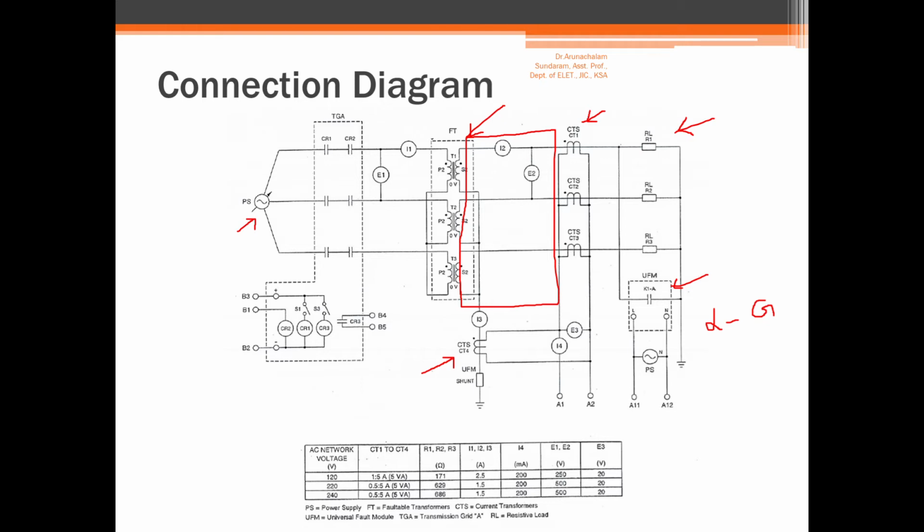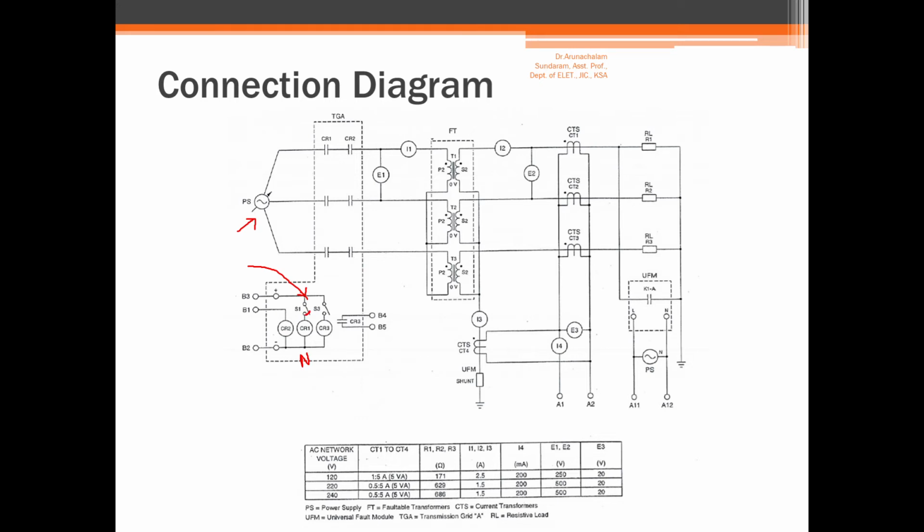So having said that, let me explain further. Let me remove these indications so that it is clear for you. So the universal fault module is used to create a fault outside the zone of protection. So under normal condition, here you have three coils. CR1 is for manual energizing and de-energizing of the transformer, and under normal condition this switch is closed.